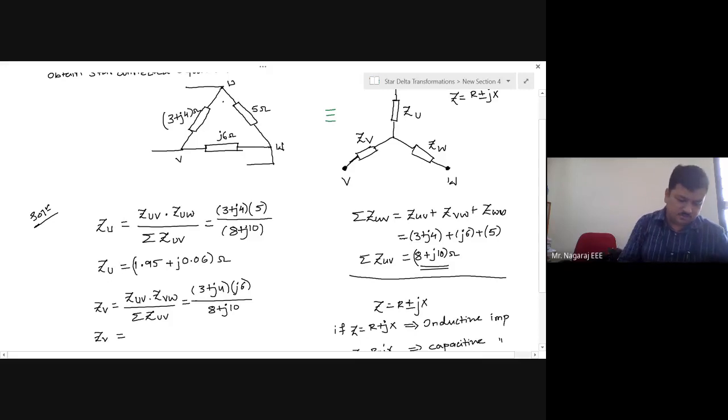This will come out to be 3 plus 4I into 6I divided by 8 plus 10I, which is minus 0.073 plus 2.34I.